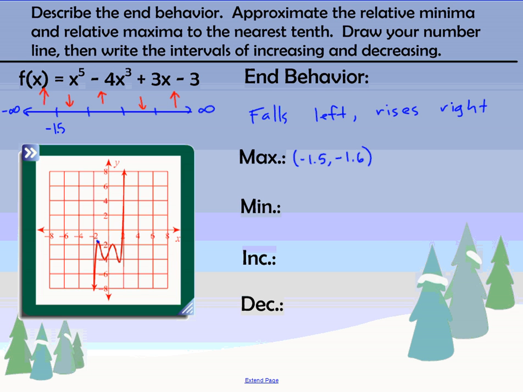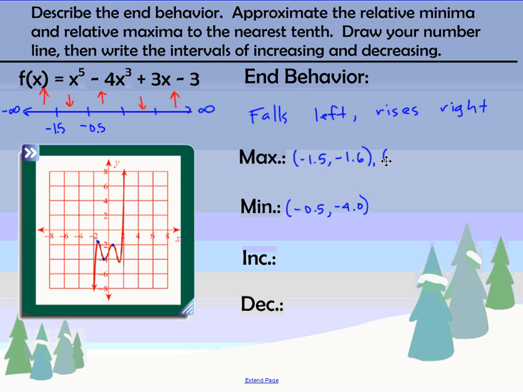Then as we move to the next point, remember we're reading it left to right, it would be this point right here, which would be a min. That one is at negative 0.5, comma, negative 4.0. This point we'll label as negative 0.5. Then our next point is going to be a relative max.